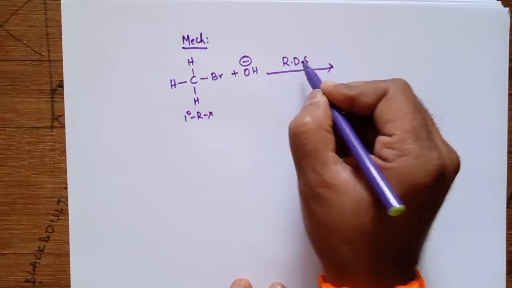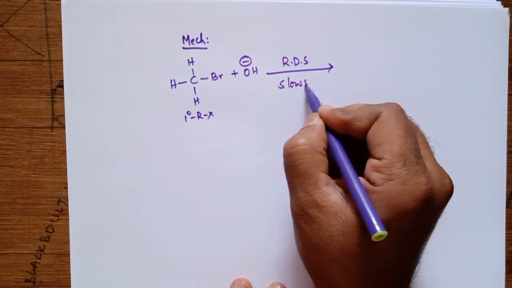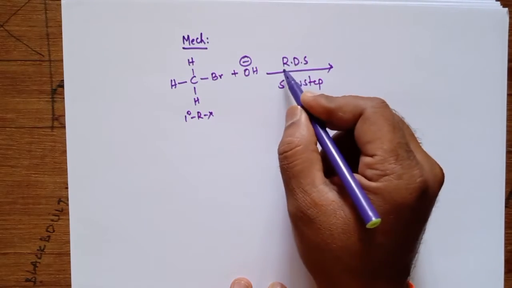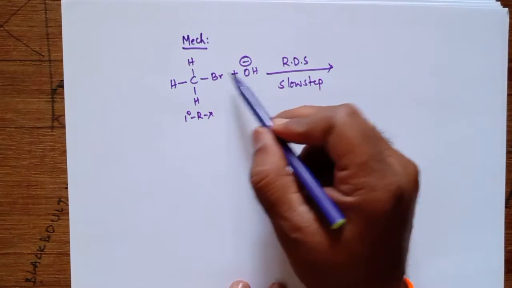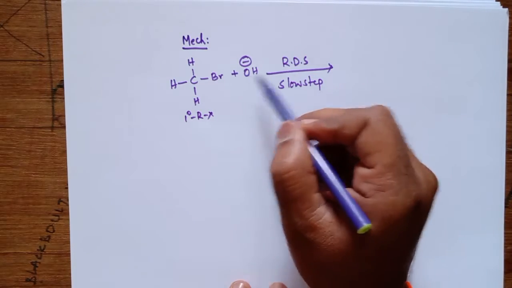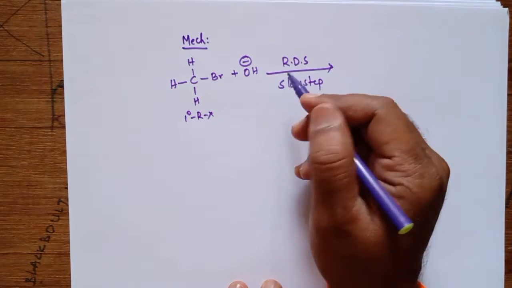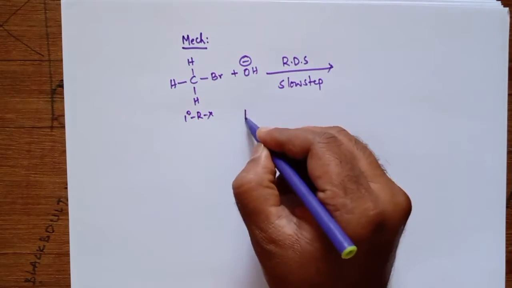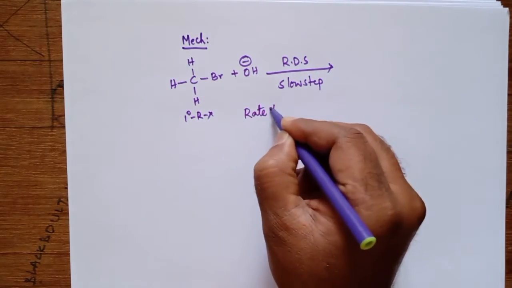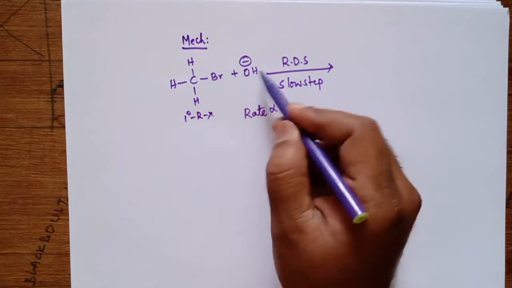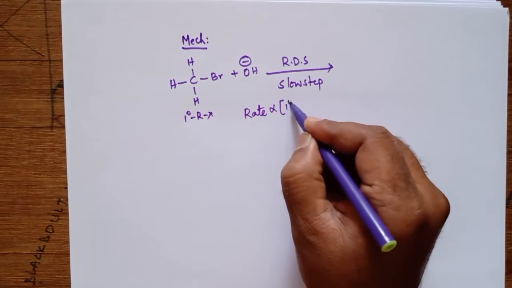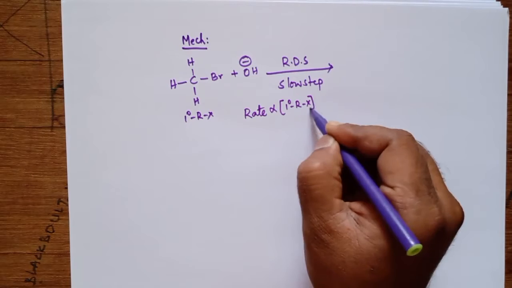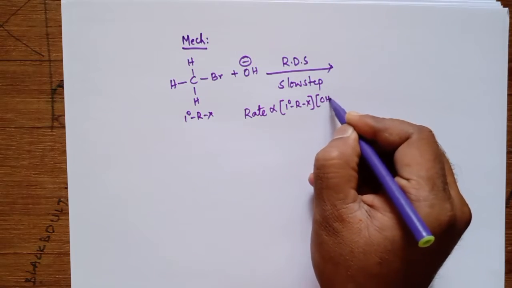That one is the slow step. The rate generally is determined by how many components are used in this rate determining step. That determines which molecular reaction it is. So the slow step involves two components, the primary alkyl halide and OH minus.